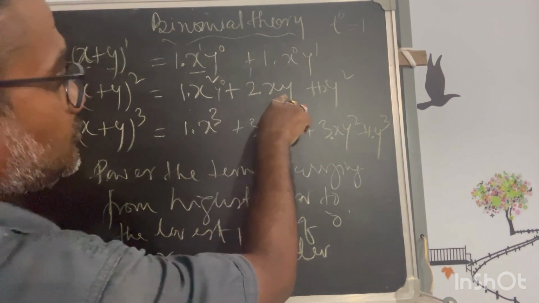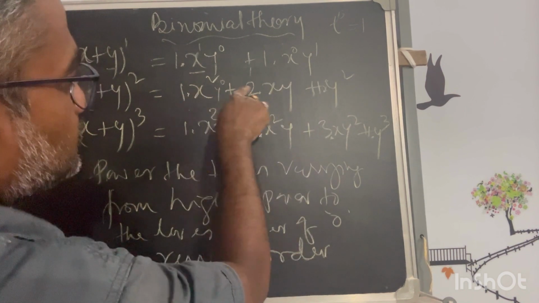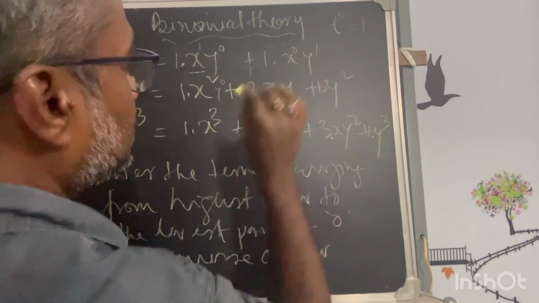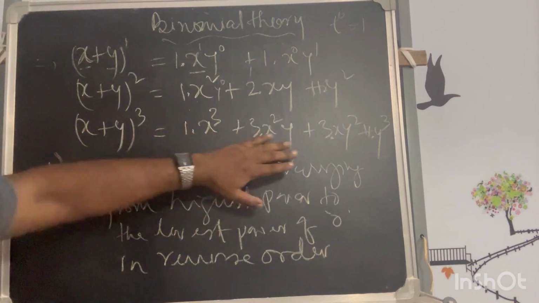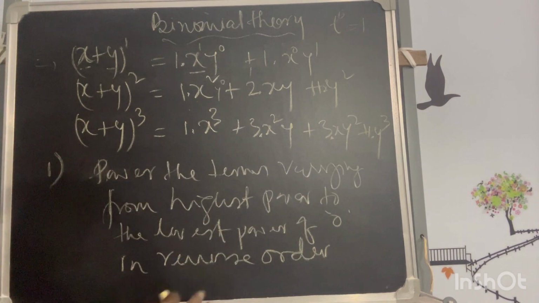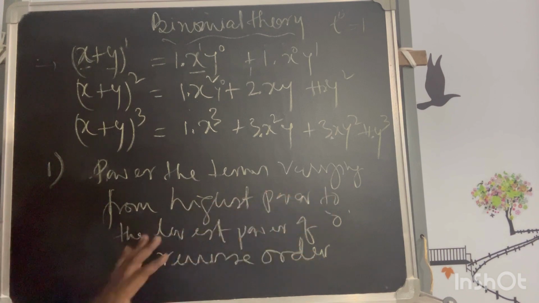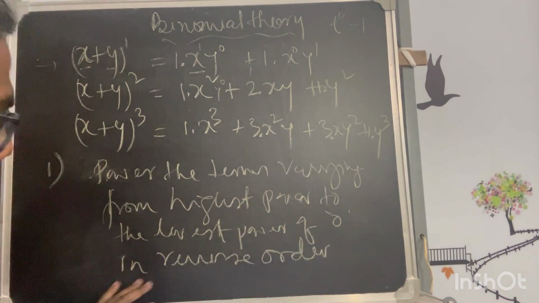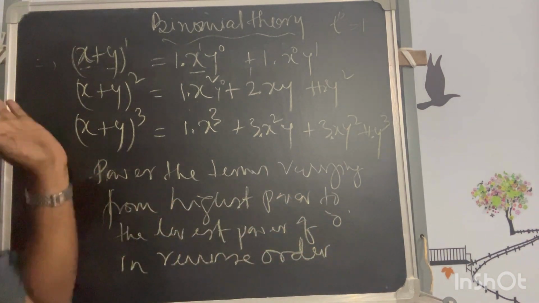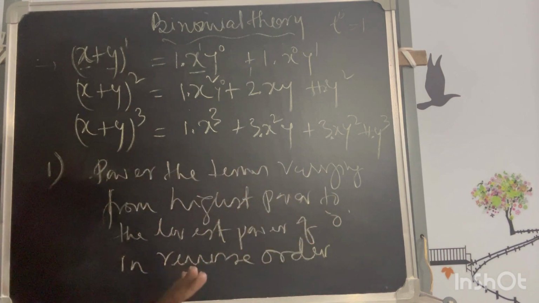So y to the 0, y to the power 1, y square, x to the 1, x to the 0, and this also varies in this manner. So the powers of the terms vary from the highest power to the lowest power 0 in reverse order. If one is increasing order, the other will be in decreasing order. That is only one concept.